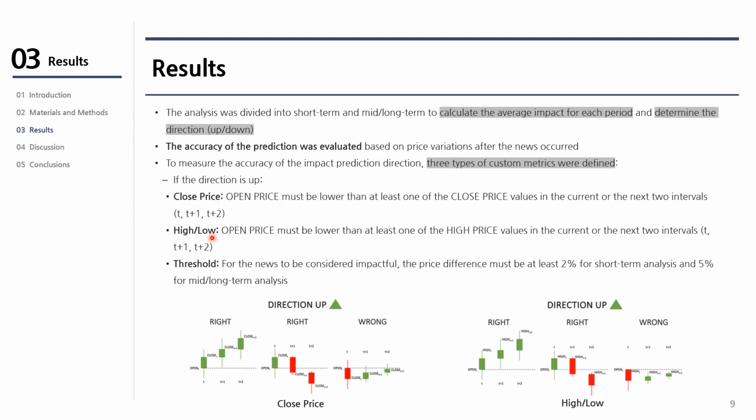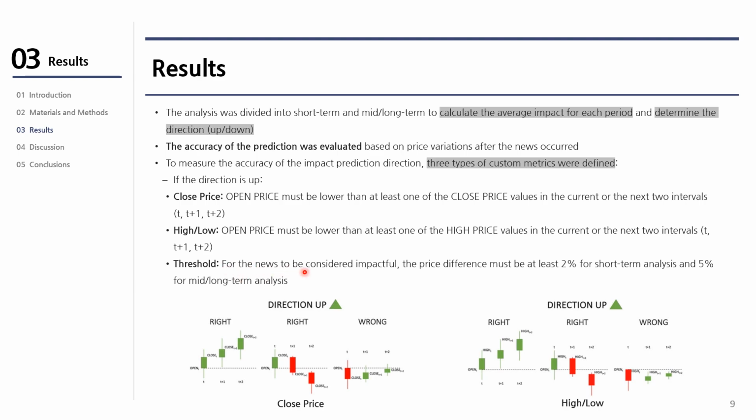Additionally, the open price must be lower than at least one of the high price values in the current or the next two intervals. If the direction is down, the condition is reversed.